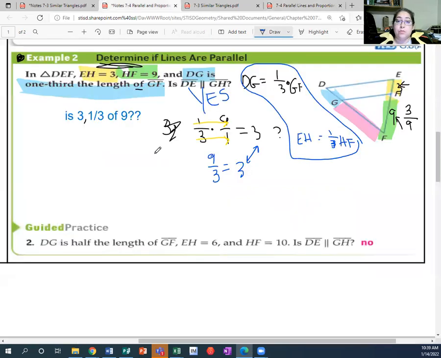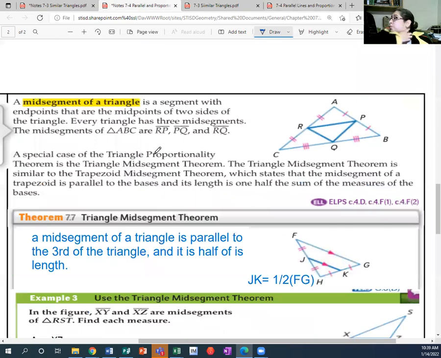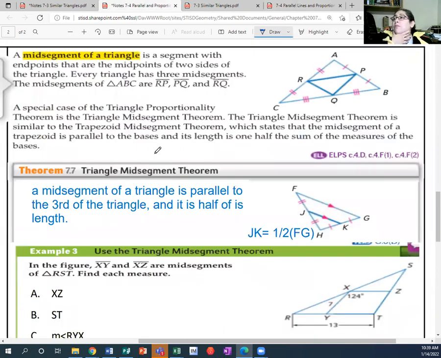Now, on one of your quizzes from chapter 6, when we had talked about mid-segment of trapezoid, I believe the question was written with the word median. And I had several of you come up and ask, what was median again? And I apologize, I don't think that I stated it outright, that median of a trapezoid is the same as mid-segment of a trapezoid. I kind of left that as implied, and I apologize for that.